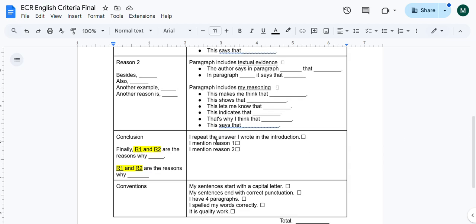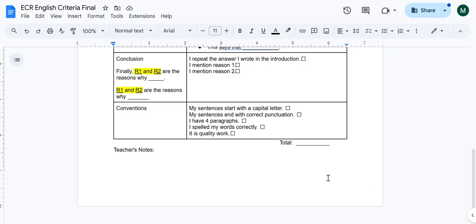And then your conclusion. Finally, reason 1 and reason 2 are reasons why. So your conclusion, you could change it to meet the needs of your students, like I mentioned before. So use this as a guide. And what's really important is here at the end, conference with your kids and let them know, okay, great job on this, but I think you need to work on this area here, as their draft.